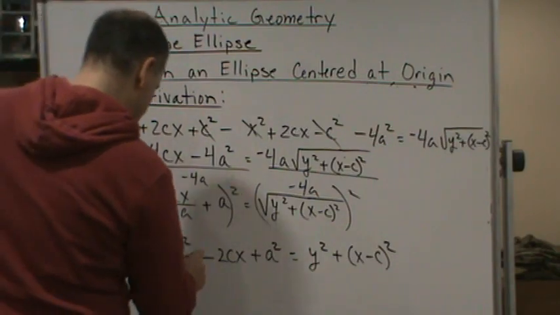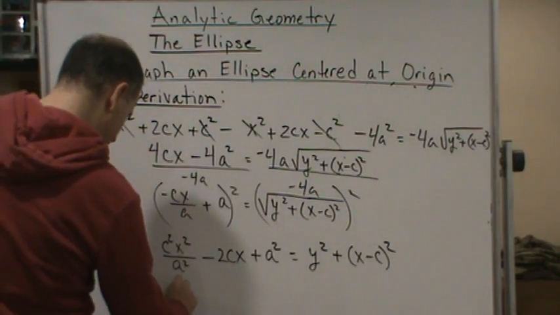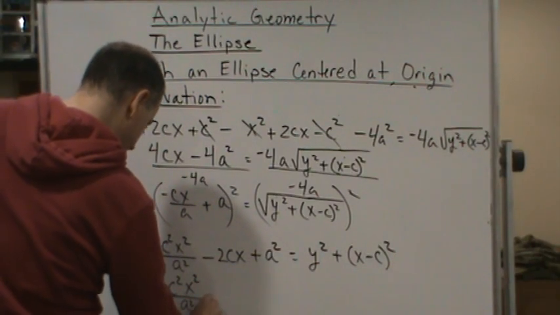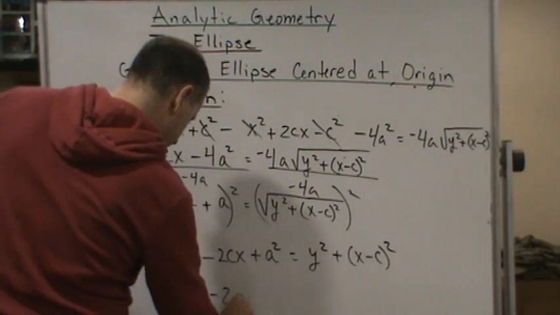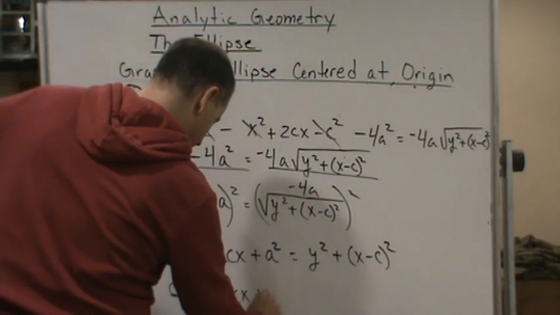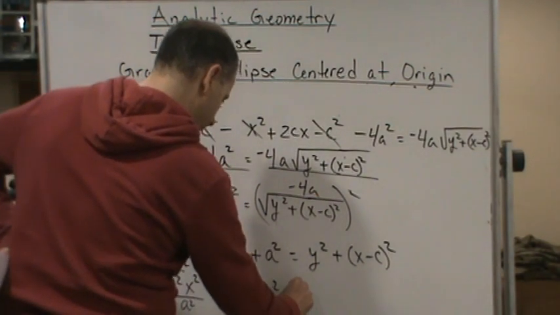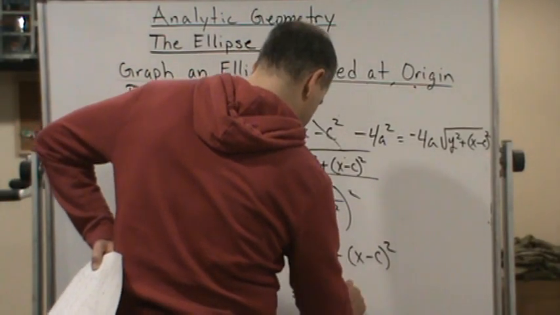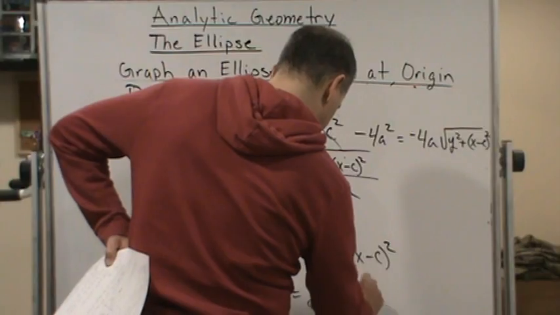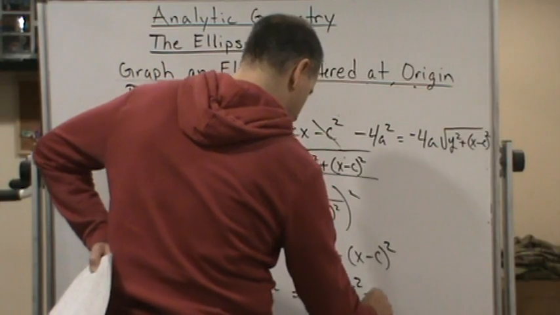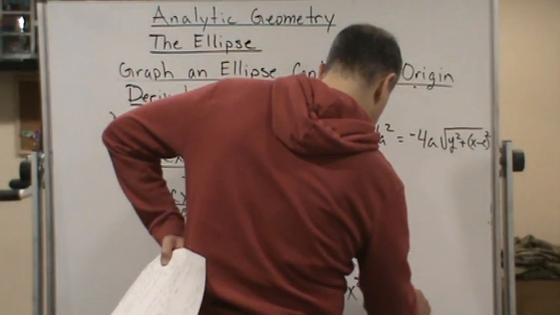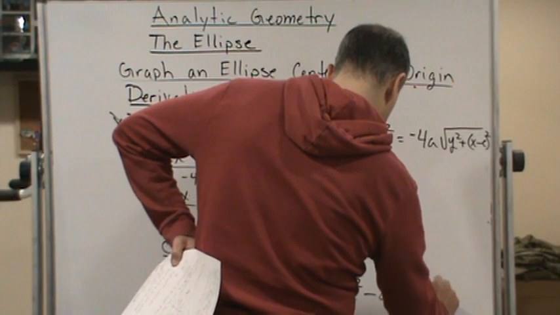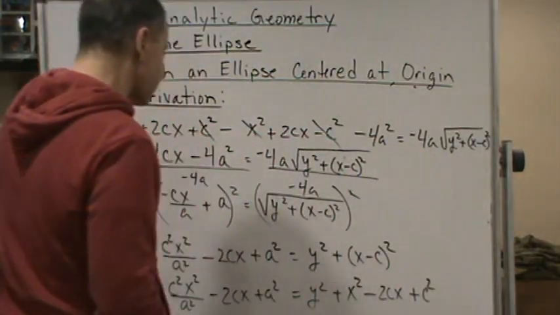Okay, so now let's continue going on. So we've got c squared x squared over a squared minus 2cx plus a squared equals y squared, and then this is going to expand out to plus x squared minus 2cx, which then gives us plus c squared.